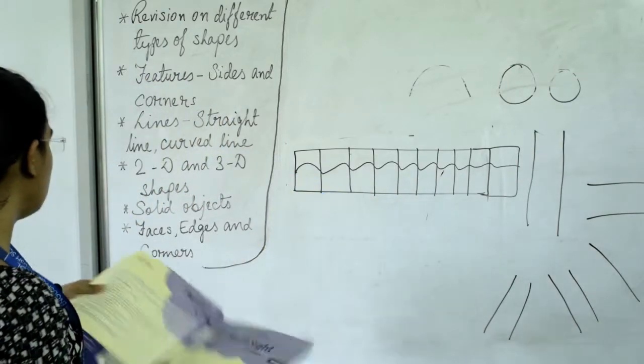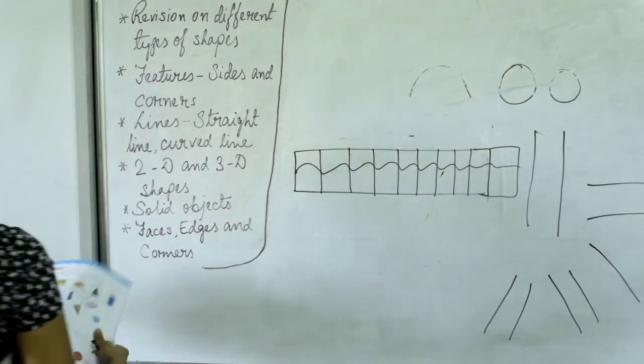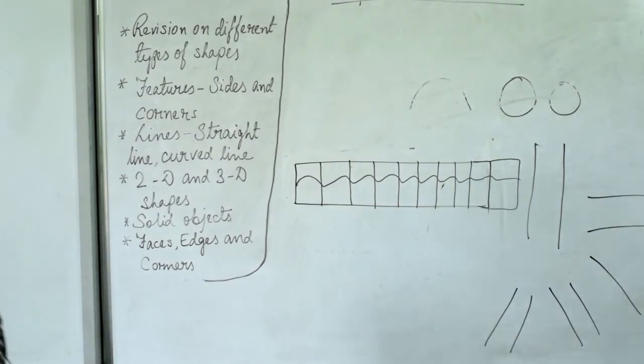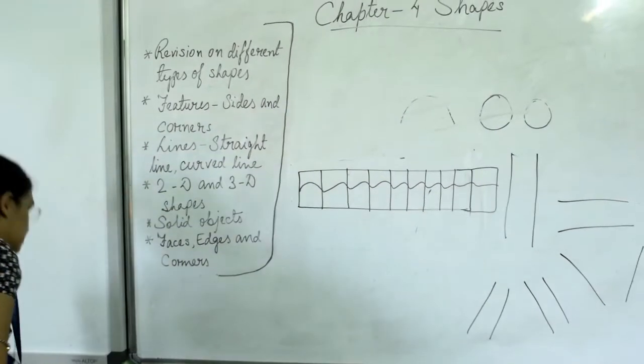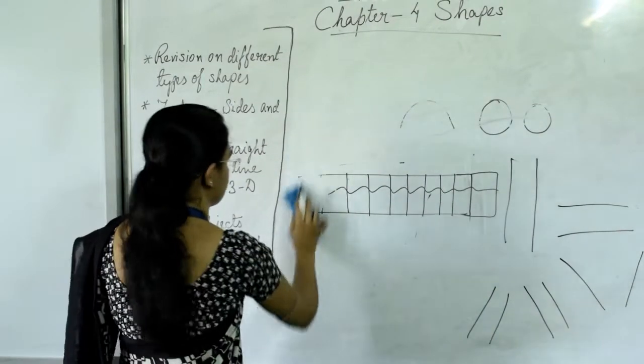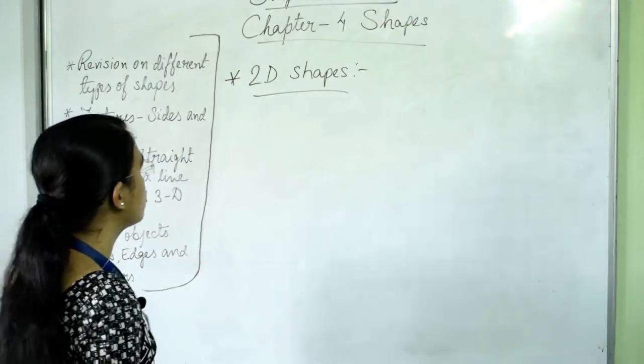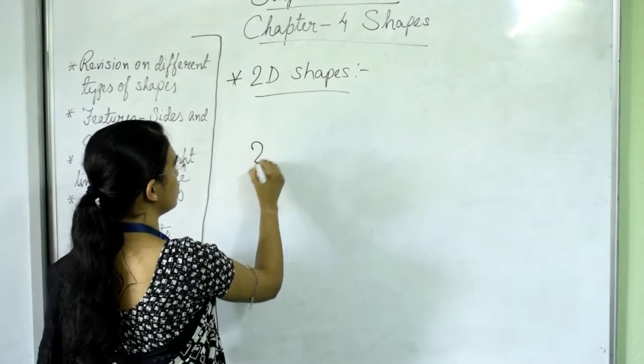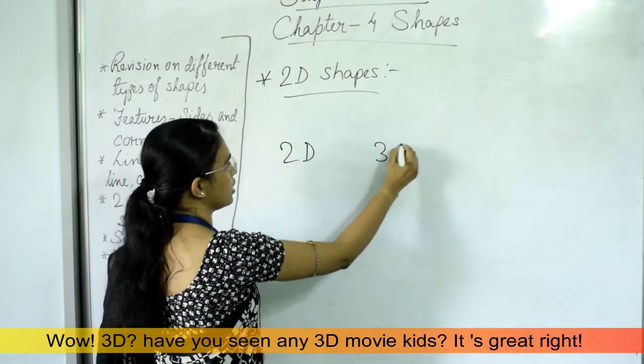Okay, now we will come to know about 2D shapes and 3D shapes. Shapes are of 2 types. One is 2D, another one is 3D.